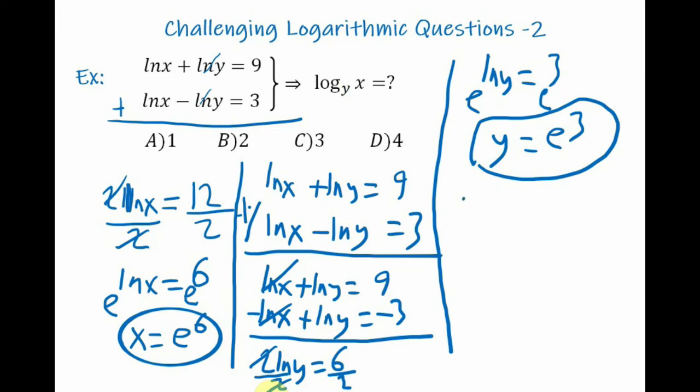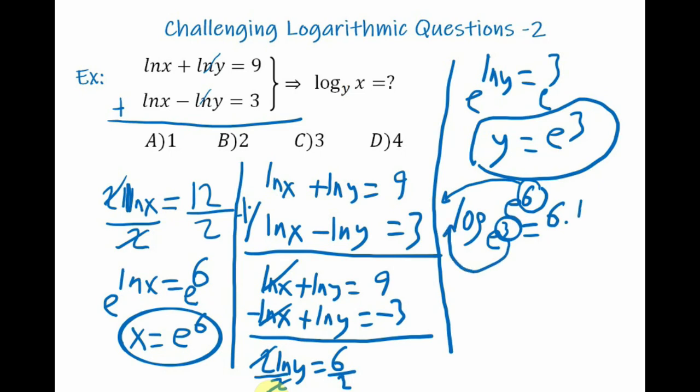So we are asked to find the value of logarithm of x in base y. I'm going to put those values in this logarithm. Logarithm of, instead of x, e to the power of 6, and instead of y, e to the power of 3. And that is equal to, guys, if you remember, the 6 comes up front as a multiplication, and the 3 comes up front as a division.